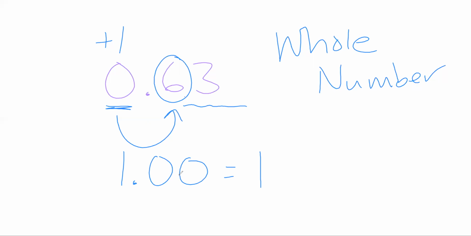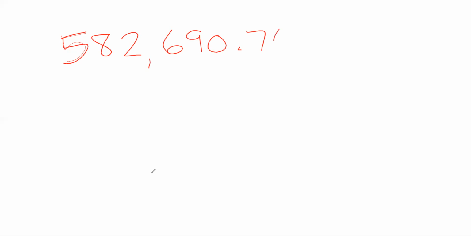So let's just throw a couple more out there just so we feel good about it. 582,690 and 763 thousandths. We've never really talked about thousandths, but I just thought it'd be fun.